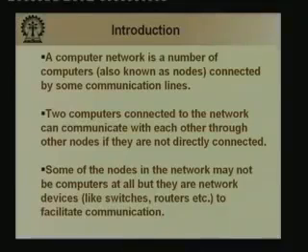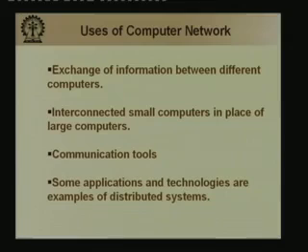So, finally, we have some nodes which may be either computers or network devices like switches and routers, and there is a communication between them. This communication, of course, can be of various types. We will come to that presently.